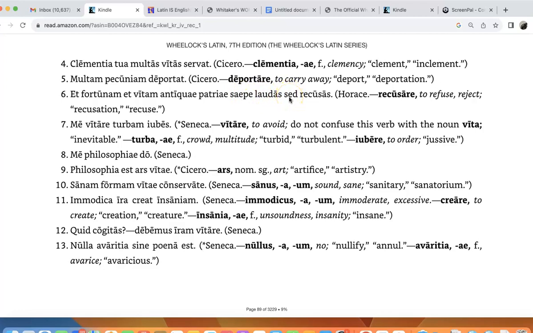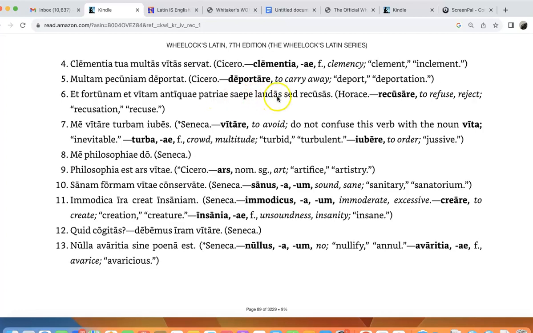Sed means but. That's also a conjunction. So you, because s means you. You often praise, but reject both the fortune and life of the ancient fatherland.